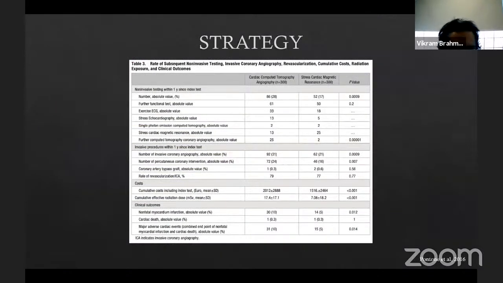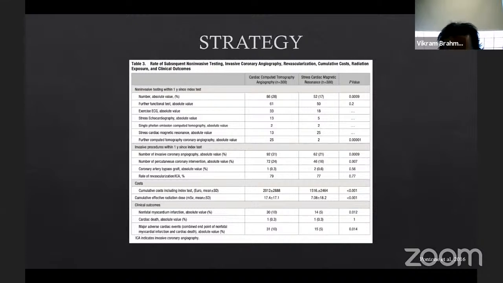And now just changing gears a little bit, looking at patients. So if we think back to that ISCHEMIA trial, the excluded patients, so people who maybe had recent ACS or known revascularization. What's interesting is there's an Italian study here from 2016 called Strategy.